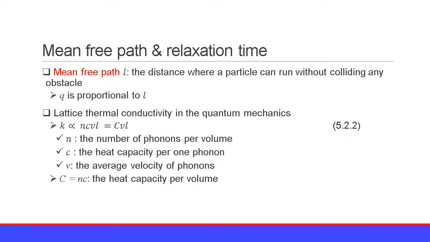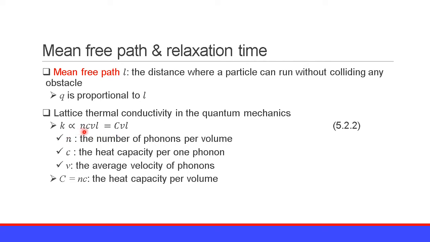Here, let us introduce the concept of the mean free path, which is the distance a particle can run without colliding with any obstacle. The heat flow Q is proportional to the mean free path L. In quantum mechanics, the lattice thermal conductivity is therefore given by the following formula.